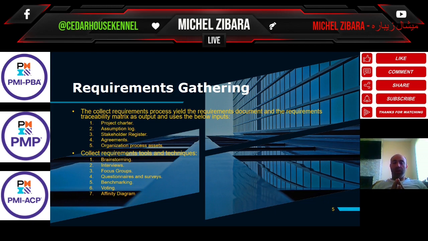Voting, of course, is a tool and technique used as a collect requirements tool. And affinity diagram, you classify ideas into categories, all the ideas that relate to the main high-level idea in the project.